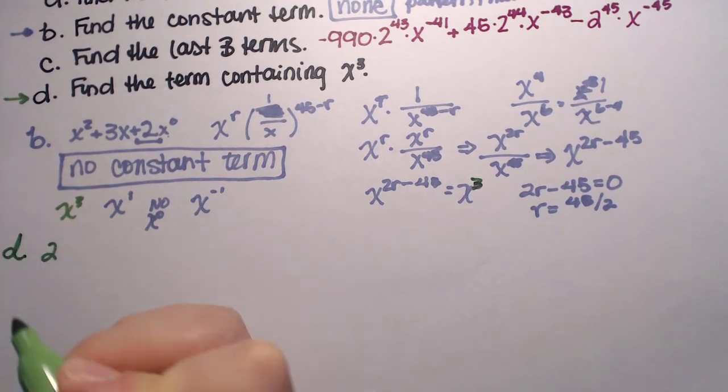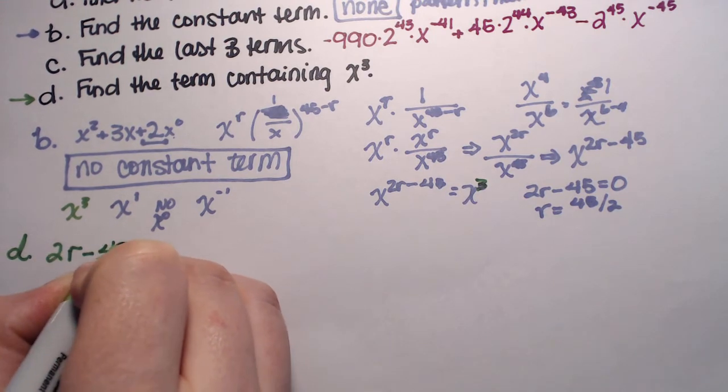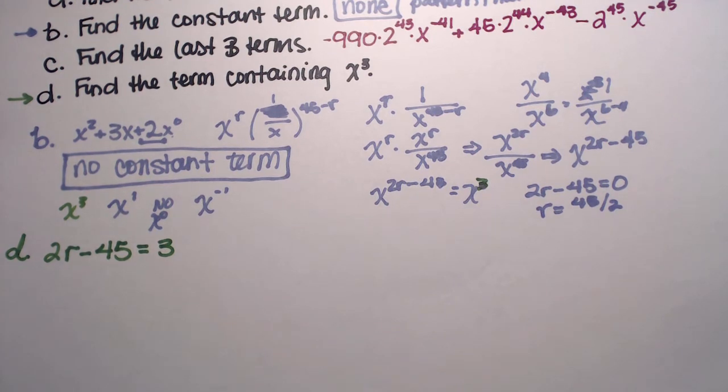So where does 2r minus 45 equal 3? I don't think this is the way I solved it on the thing. I don't remember what I did on the thing.